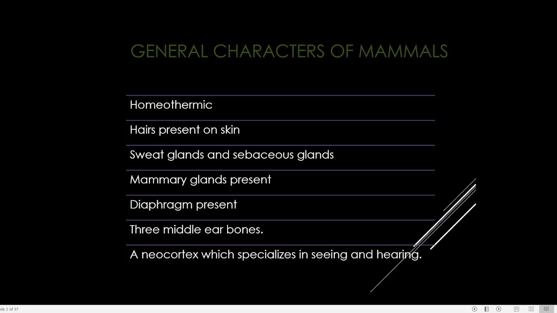So when it comes to mammals, their body has the capacity of maintaining same temperature. We are all mammals and our body temperature is 37 degrees centigrade. Whether it is raining, whether we are in a cold place, whether it is hot, still our body temperature will be maintained at 37 degrees centigrade.